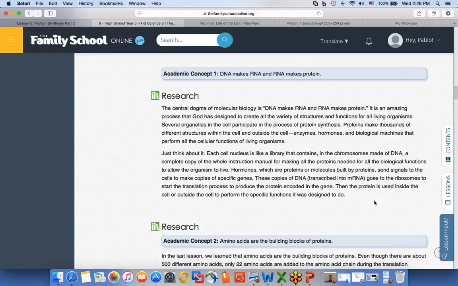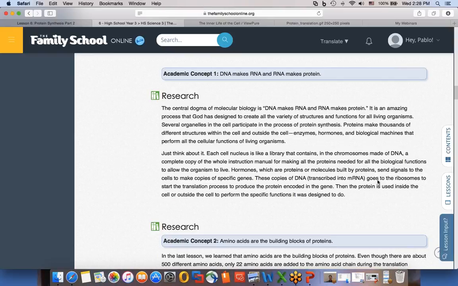What would be the copying of the instructions in the cell? It forms another. Okay, yes.